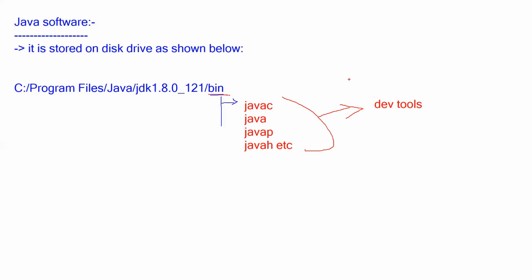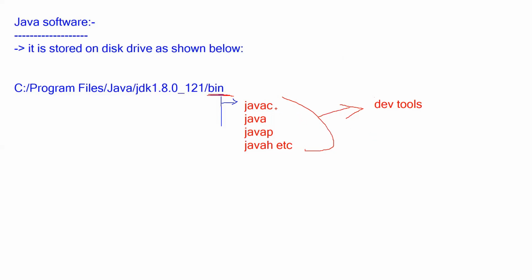All right. So now here, this folder is named bin. Bin means binary files. So all these files are binary files. Binary files means executable files.